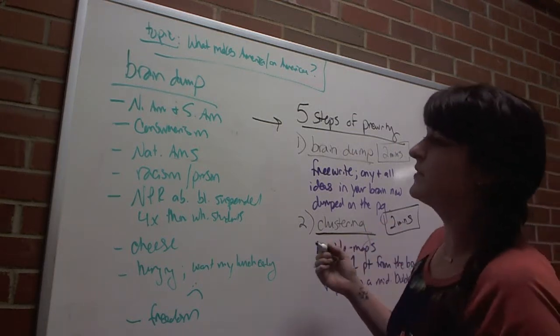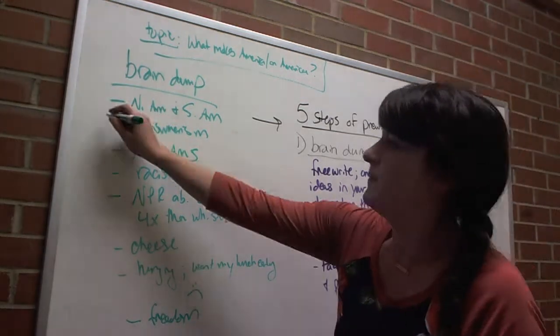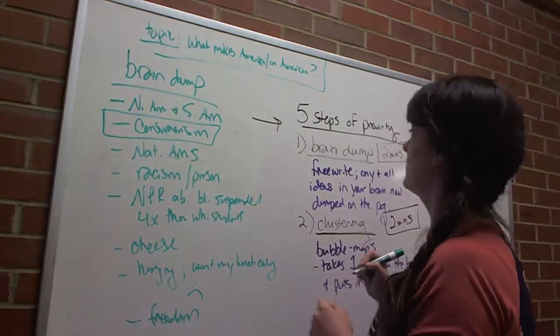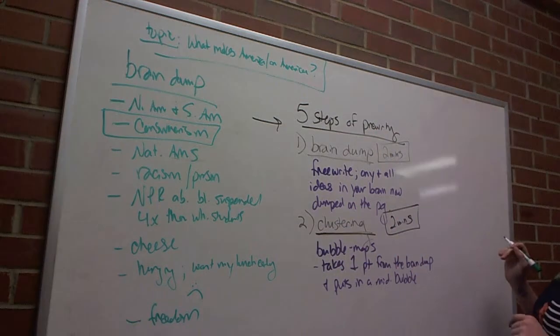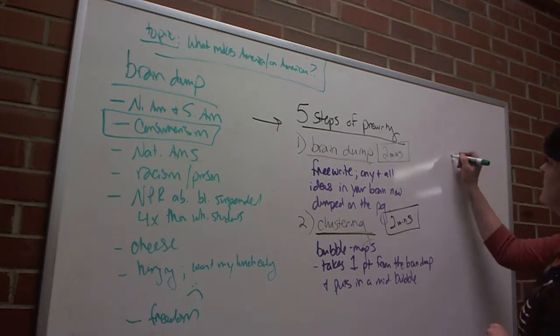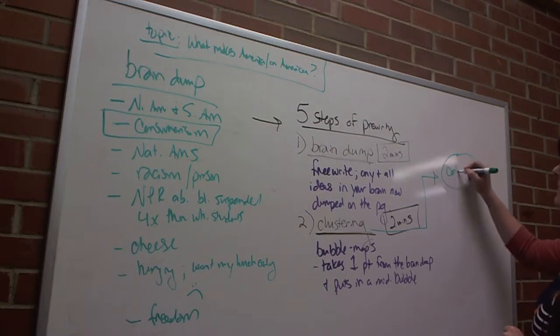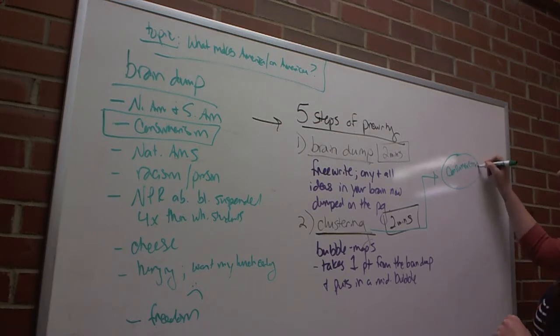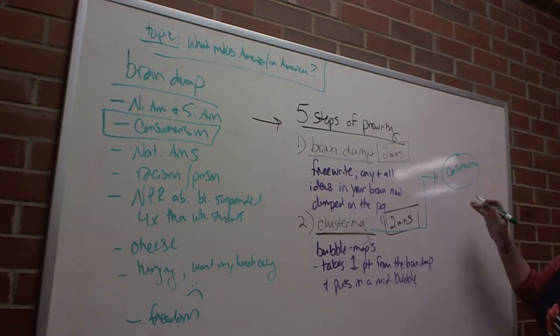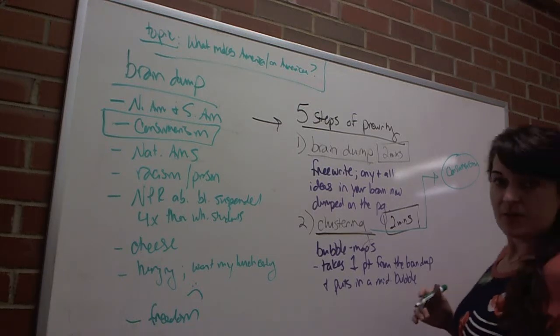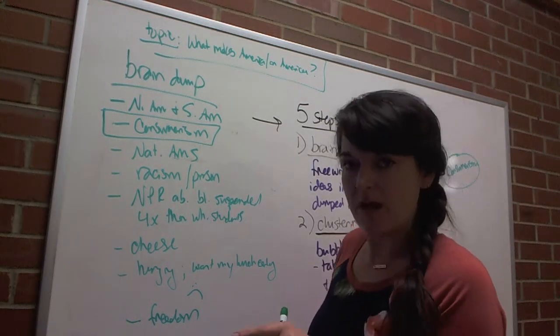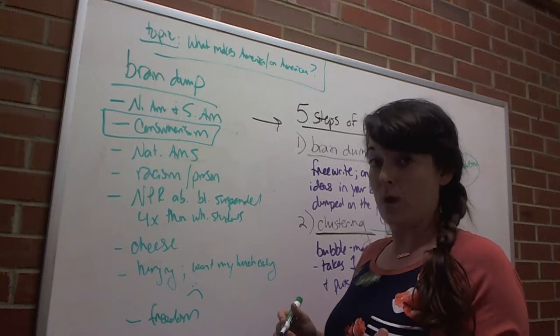So let me take something from over here. I'm going to take consumerism, and I'm going to do an example of it over here. So this is a cluster, and I'm going to put consumerism in the middle bubble, and then from there I'm going to set my timer again. I'm at 11:08 right now, so I'm gonna do it for 1 minute just to show you.